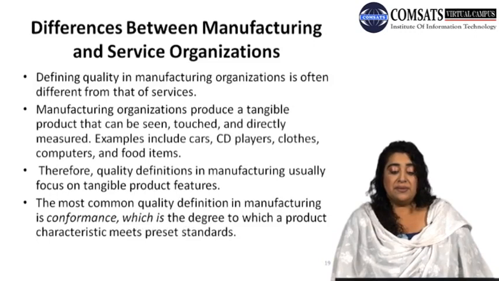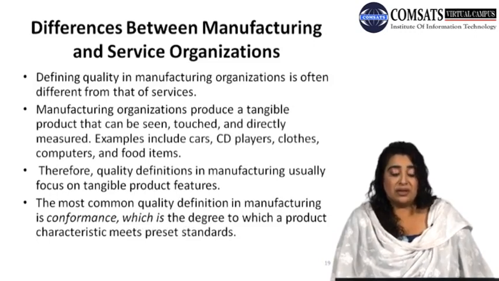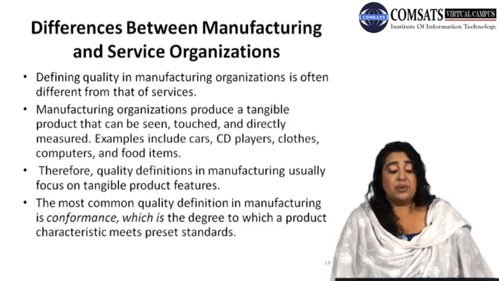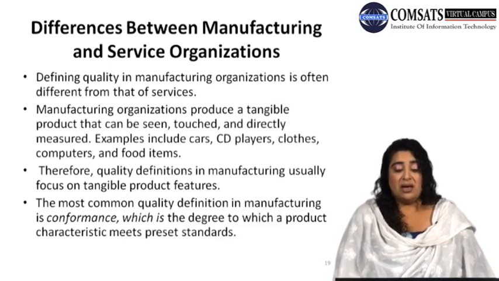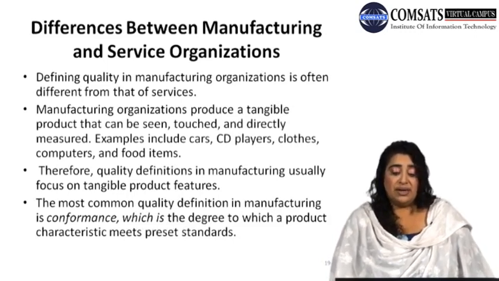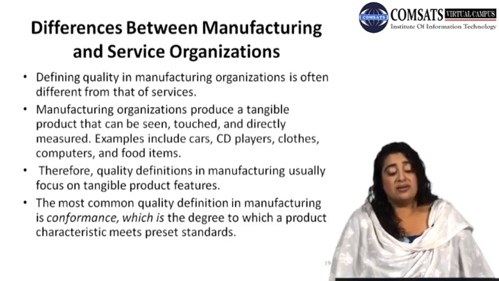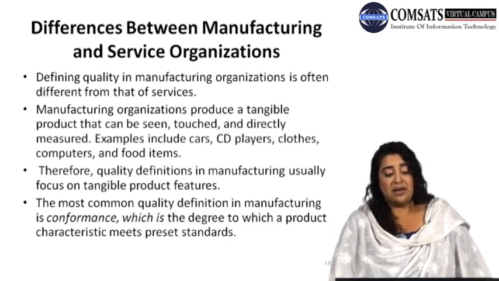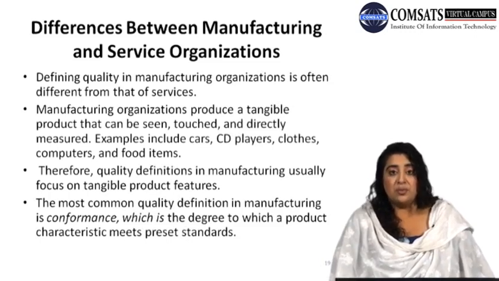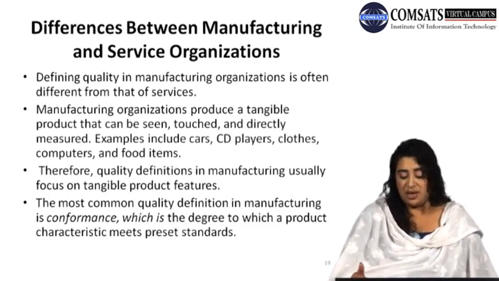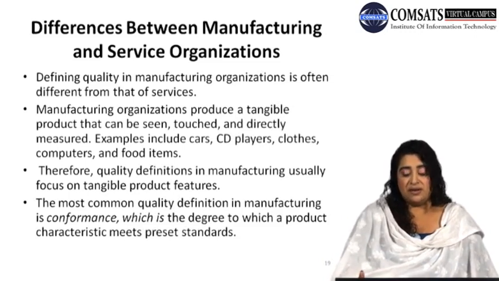So the most common quality definition in manufacturing is conformance, which is the degree to which a product's characteristics meet preset standards. We have studied conformance to standard earlier too, so it is related: in manufacturing, quality is mostly based on conformance. Now which is the degree, how do we judge it? Conformance is the degree by which product characteristics meet preset standards. Any standard that has been set, the characteristics of the product will meet that standard. Yes, this standard has been set, and the product is fulfilling this standard.